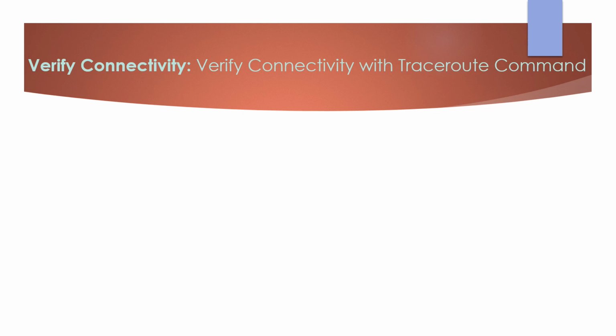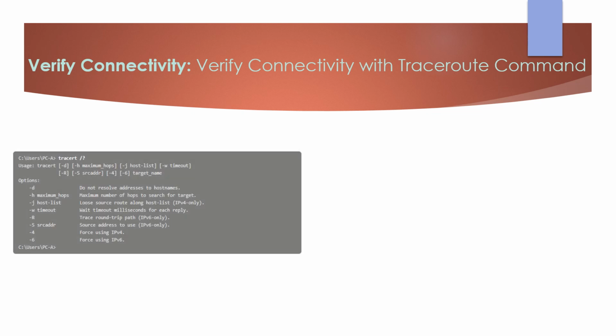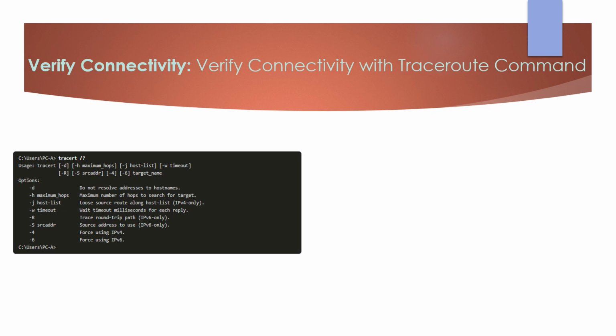The Windows tracert command allows the input of several parameters through options in the command line. However, it is not quite like the extended traceroute IOS command. Here is a display of the available options of the Windows tracert command.